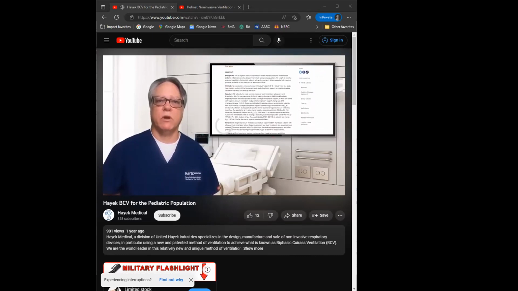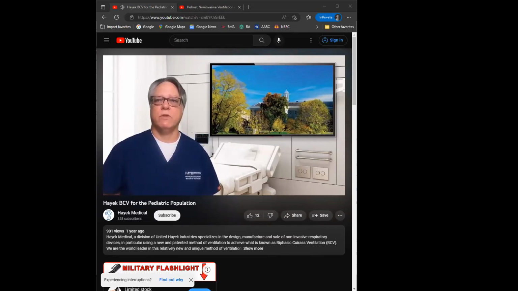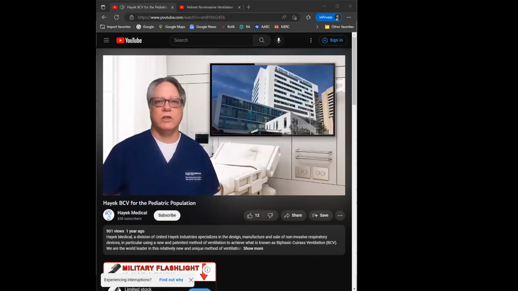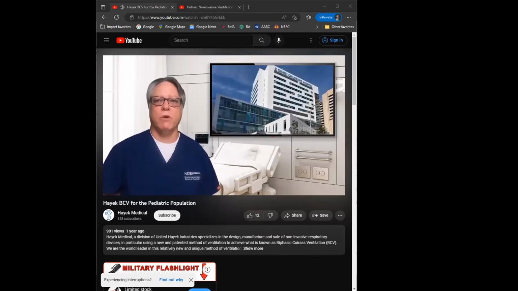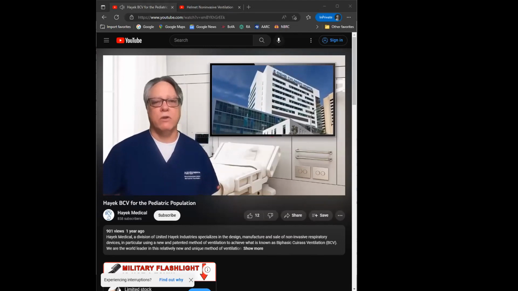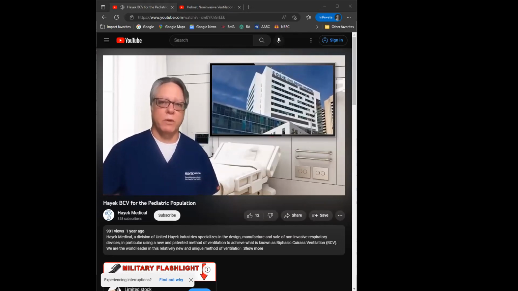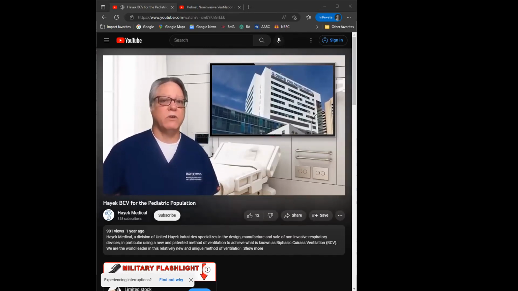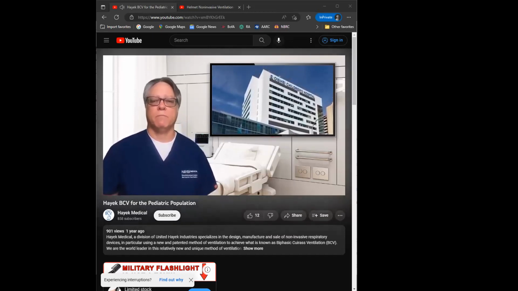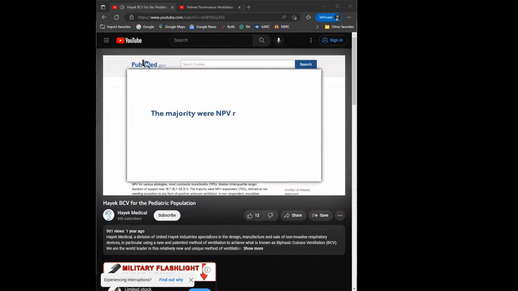These 2 papers cover the results of the use of BCV by a group associated with Buffalo University and Oishai Children's Hospital as their primary form of non-invasive ventilation on 351 patients between the 2 papers. Their findings included the following from the 2017 paper. The majority were NPV responders, defined as not needing escalation to any form of positive pressure ventilation.